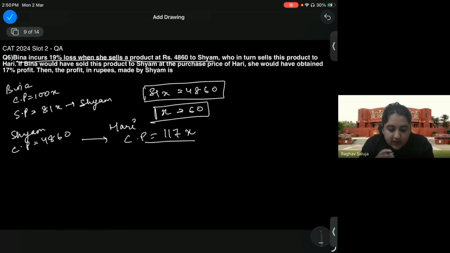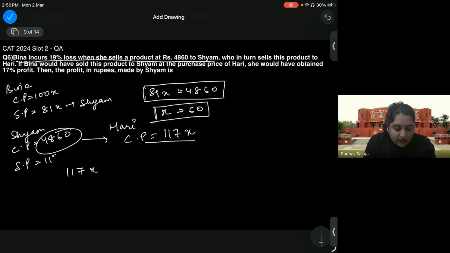Then the profit in rupees made by Sham is. So profit in rupees made by Sham is nothing but 117x, because he sold at 117x, minus 4860.